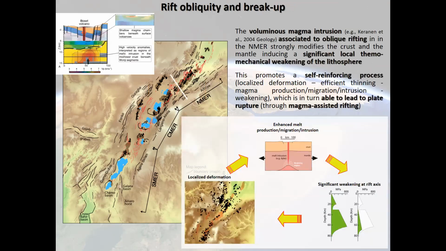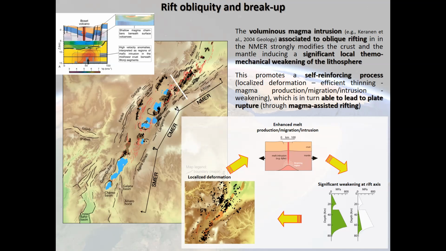And this has another important consequence on the evolution of rifting, because in the conditions of voluminous magma intrusion in the lithosphere, we have a significant thermomechanical weakening of the lithosphere at the rift axis.